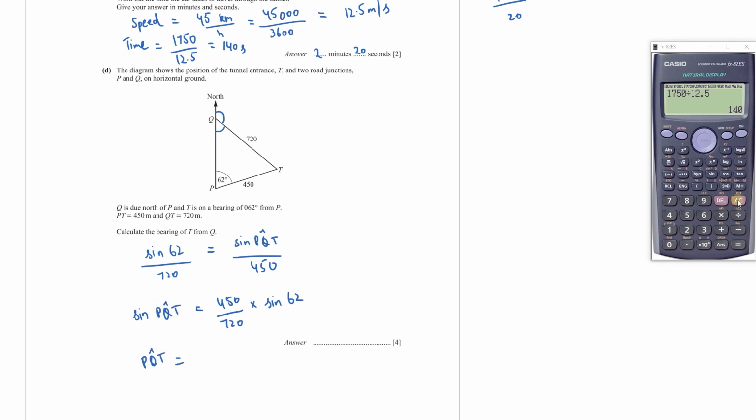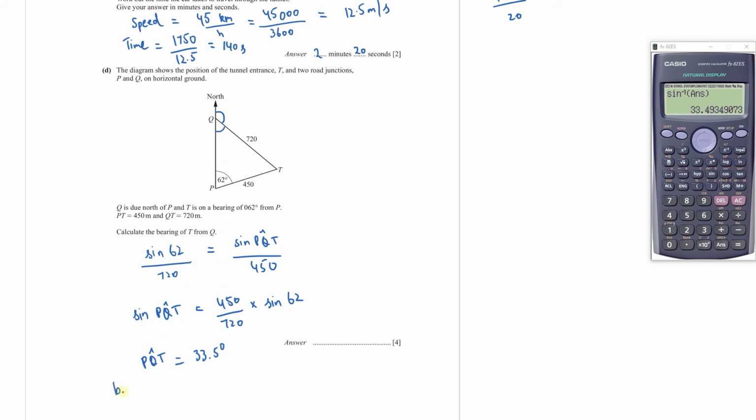So let's do this on the calculator. Sine of 62 multiplied by 450 divided by 720. And then we take the sine inverse. So this is 33.5 degrees, rounded to one decimal place, 33.5 degrees.